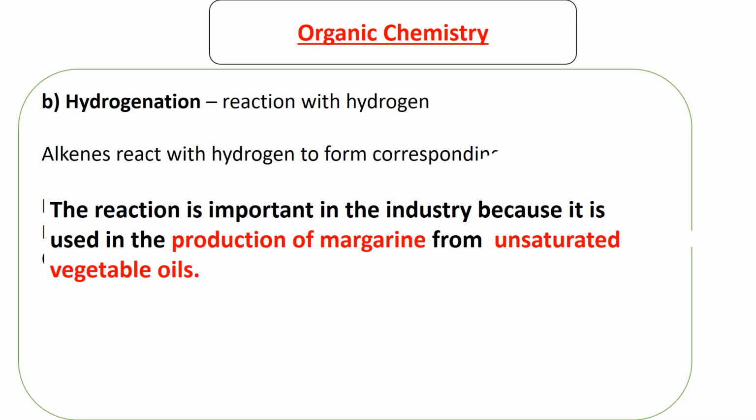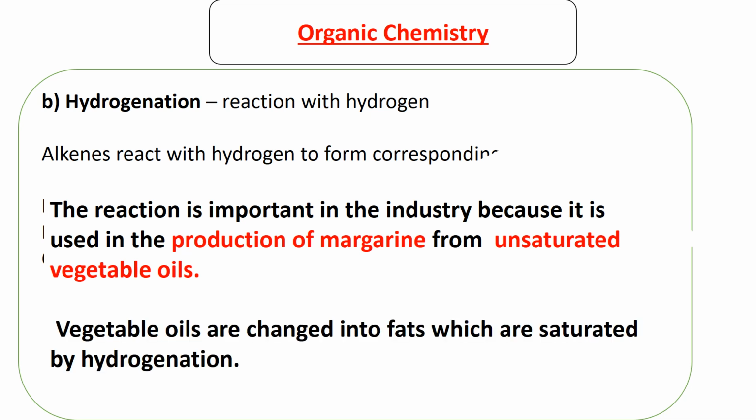When you saturate it, it will become like fats, like butter. So that's what they do. They just add hydrogen to the unsaturated oils, then they will turn into fats. So, in short, vegetable oils are changed into saturated fats by hydrogenation.